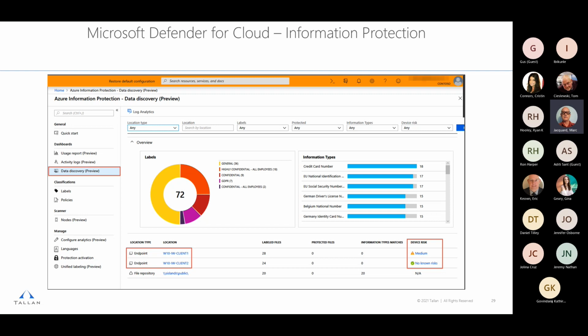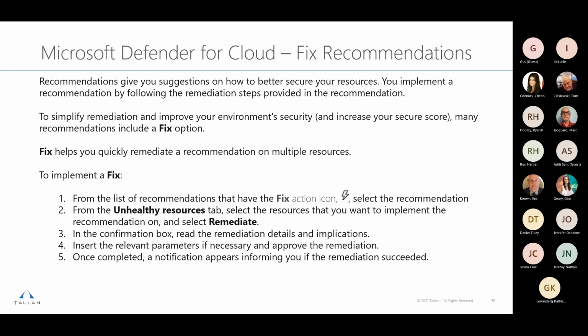So I can discover all of the data that's out there that lives, all these different files that potentially could be risks, right? Are they protected? All of that. I can run this in conjunction with DLP.